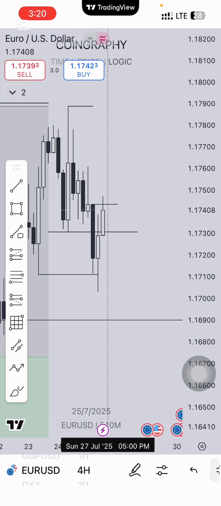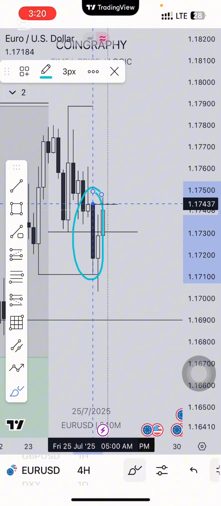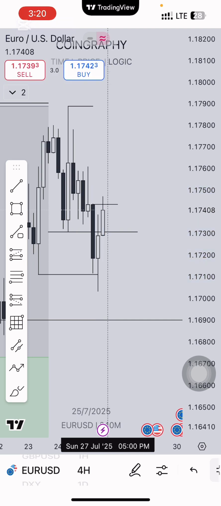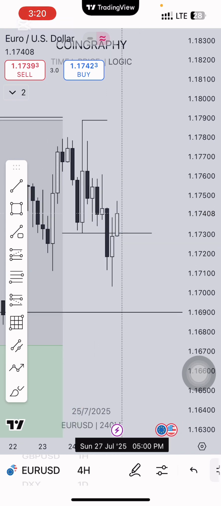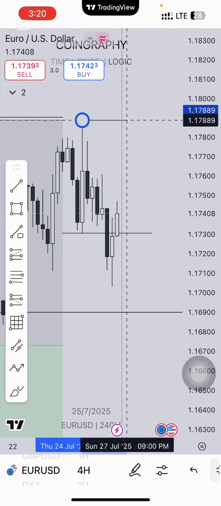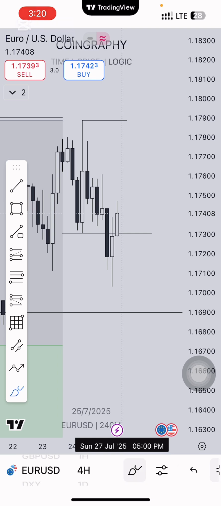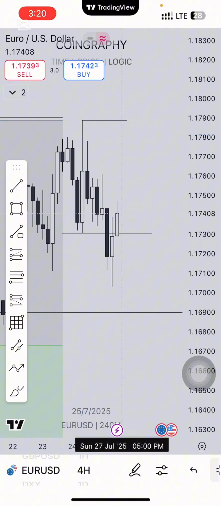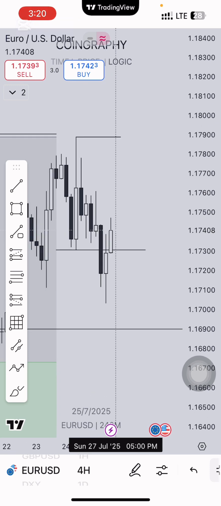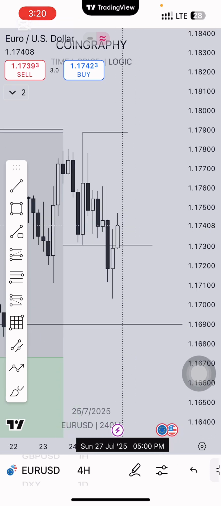So I'm expecting price to form this other block, the bulky candle, and then it can move higher from there. But right now there's no key level there, so we're going to see what price will do during the Asian session and probably the London session. But I know that this is our target for tomorrow and throughout next week until it has been taken out. So that's what I'm looking at.